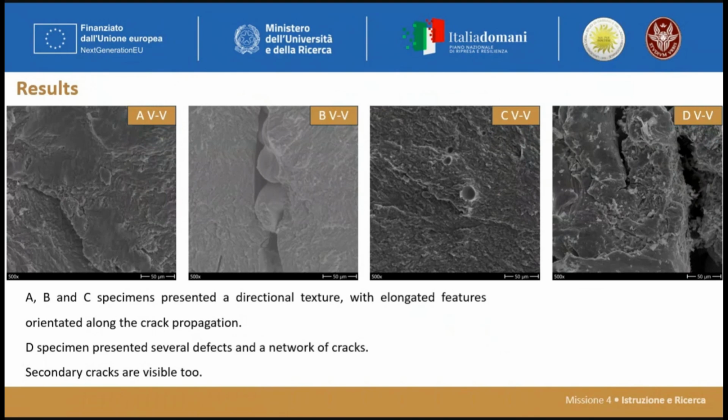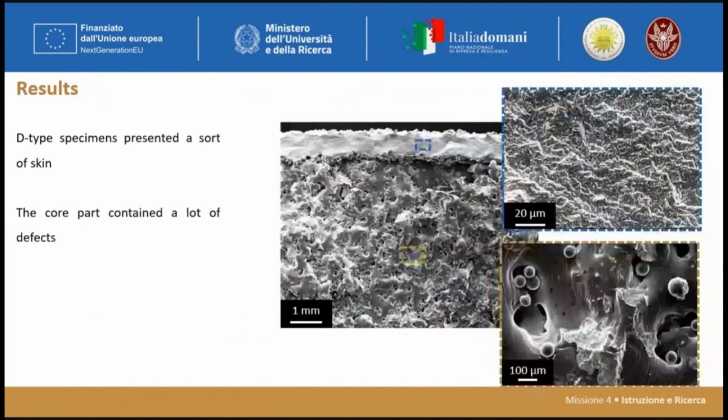In this case, it is more evident. And especially for this case, we can observe that the distance between these secondary cracks is equal to the layer thickness. So we can conclude that the bonding between layers was not so good, especially for the D specimen.